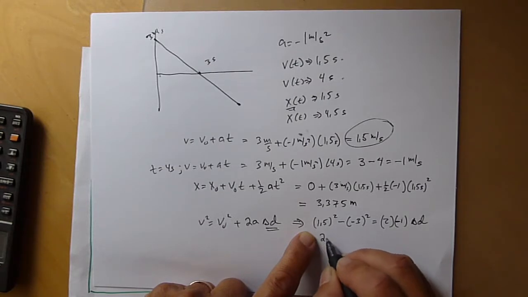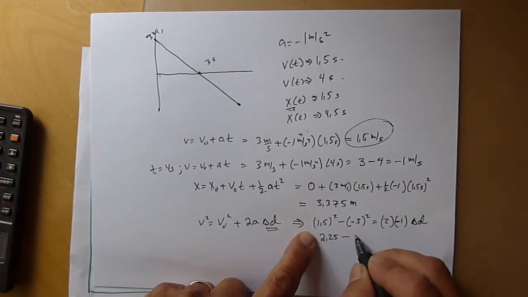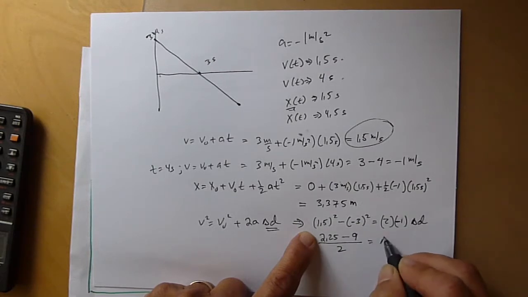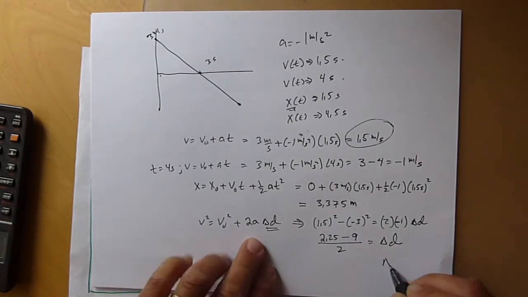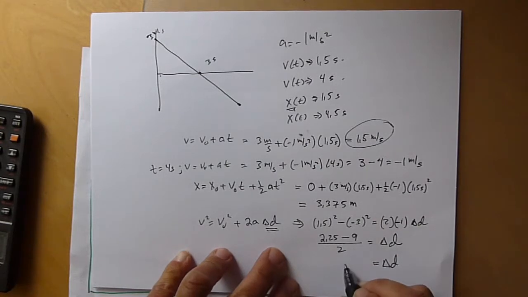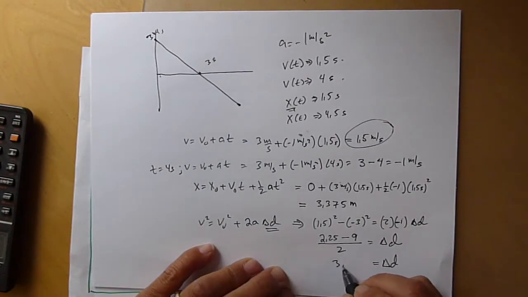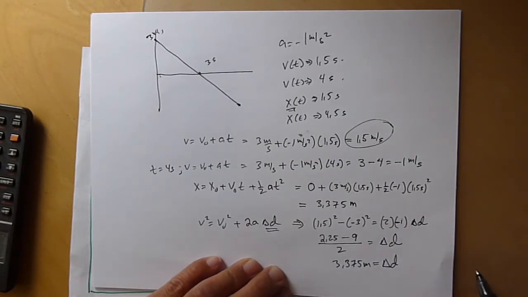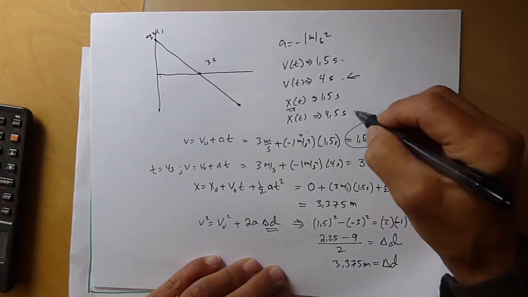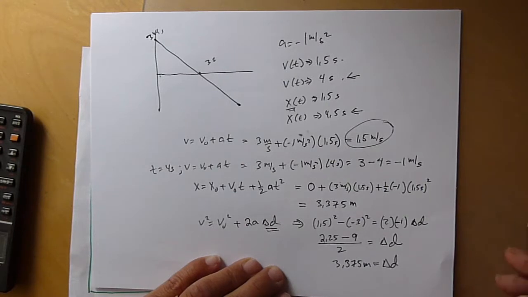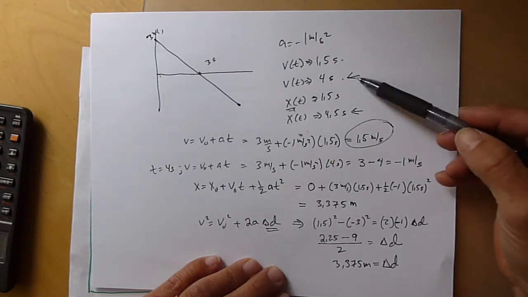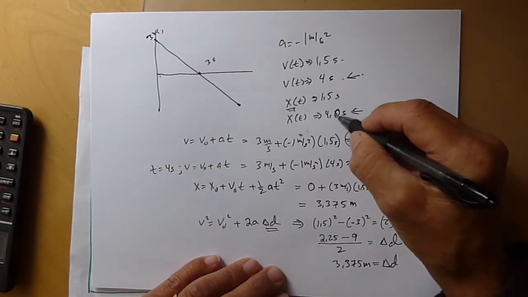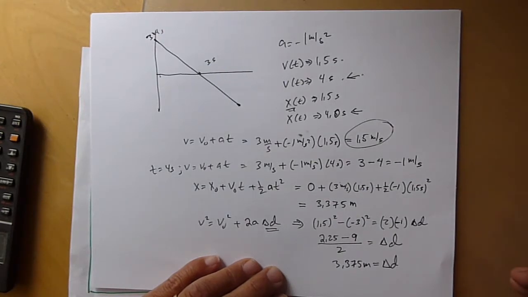So that's going to give me 2.25 minus 9 all over 2 is equal to delta d. And if I do that out, I should get the same answer, 3.375 meters. And I could do the same thing for the displacement at 4 seconds if I wanted to. But it's whatever you want to do.